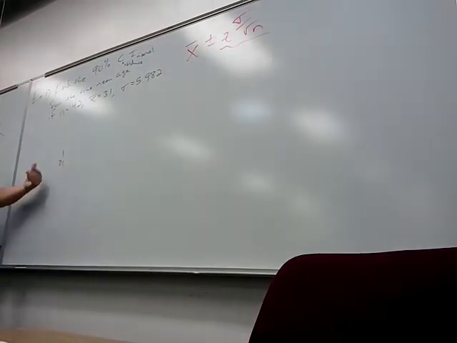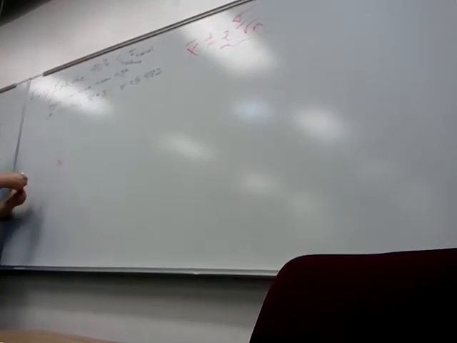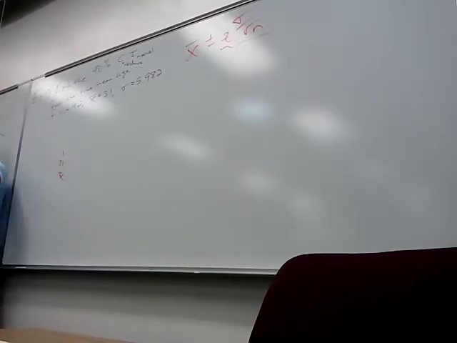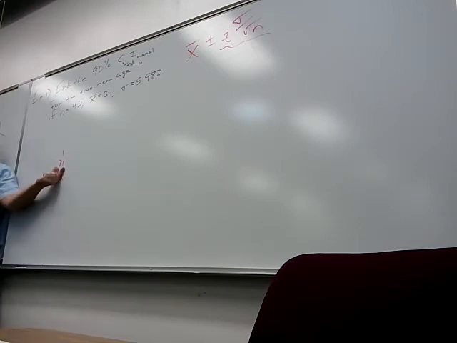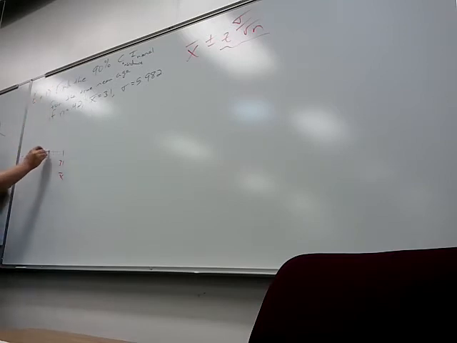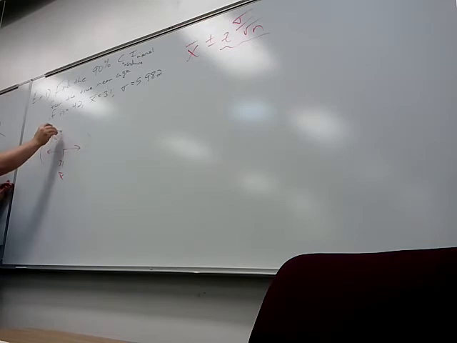Okay, so there's my X bar. The real mean is somewhere, most likely close to this. But to be 90% confident, I have to go up and down far enough to catch 90% of the data, because then I'm 90% sure that I caught the real mean.